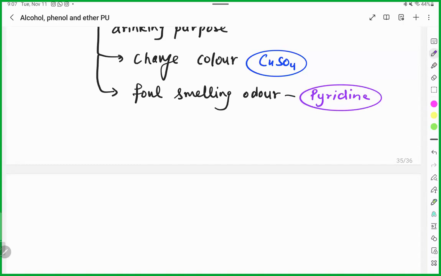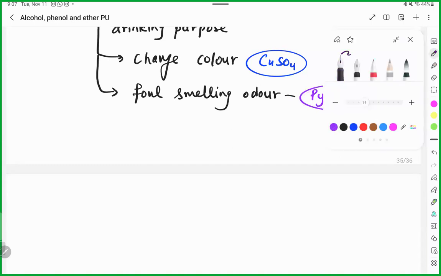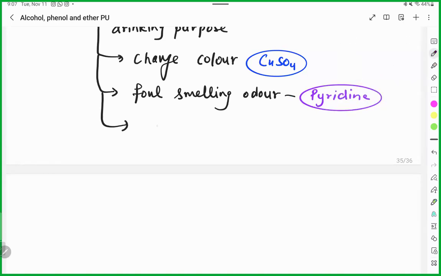Or, though it is not commonly used, if you add methanol, then it could be lethal. You tell the truck driver that methanol is added, it is dangerous, so nobody will use it.